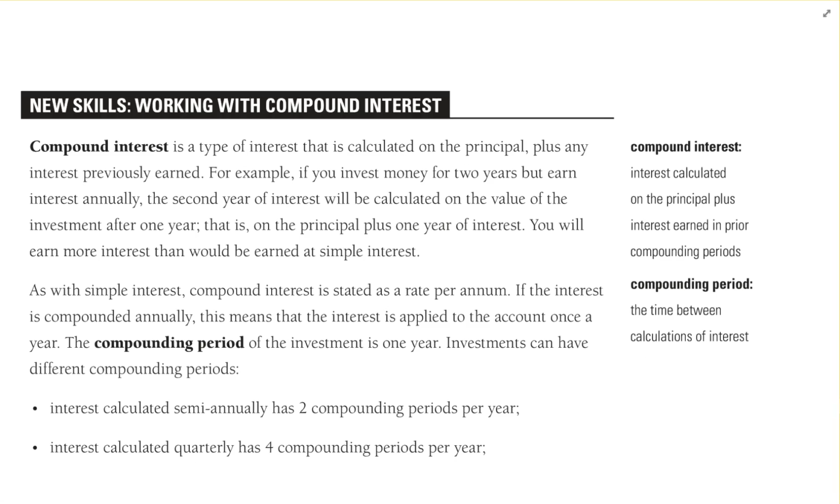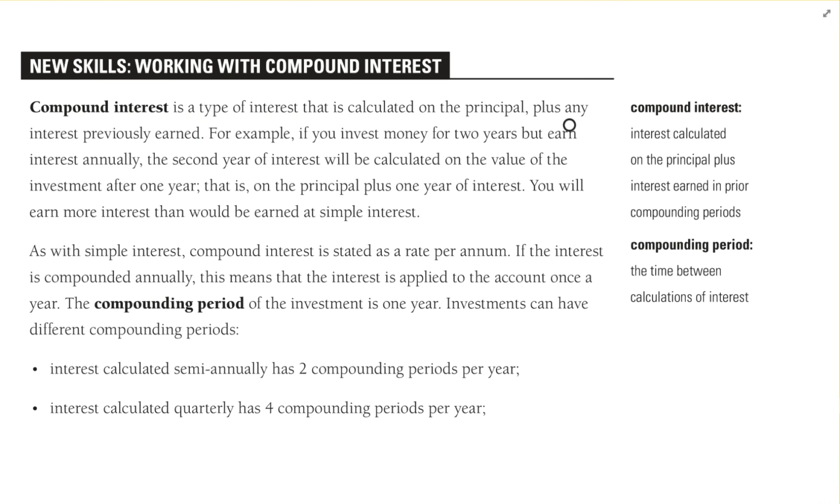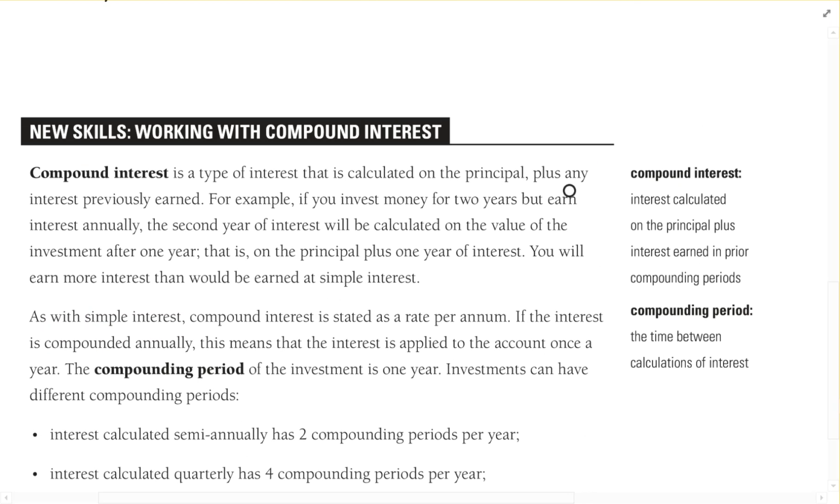Okay, now compound interest. So before we were dealing with simple interest, right? And that was just looking at something like our $10,000 that we originally had invested. And then if we had like 6% of that, that would be 6% of that 10,000 for however many years.